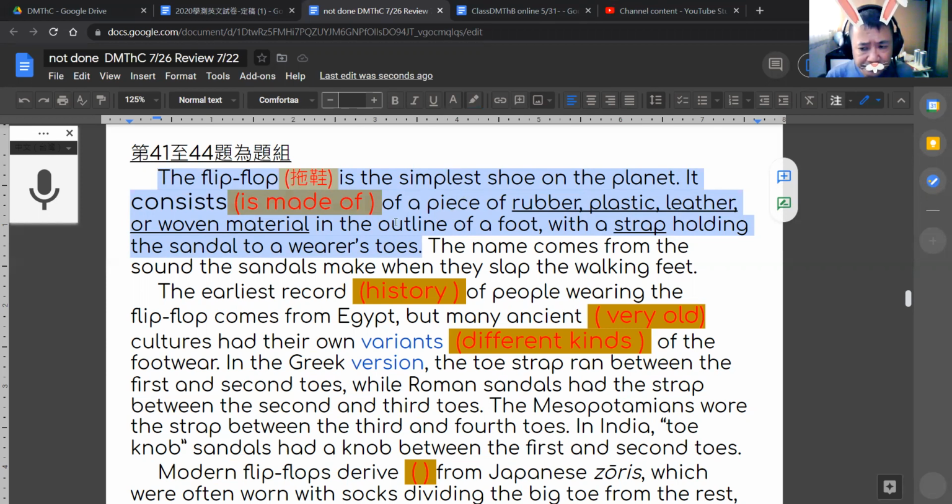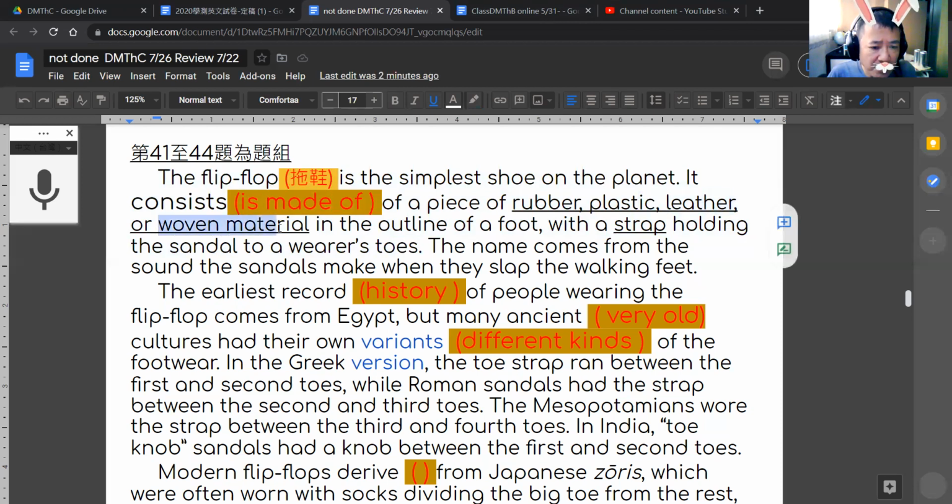And it says that it consists of, it is made of. When something consists of something, it is made of something. Well, it is made of a piece of these different materials. You have to know: rubber, 橡皮, plastic, 塑胶, leather, 皮, or any woven material, any sort of 缝织的 material 材质.